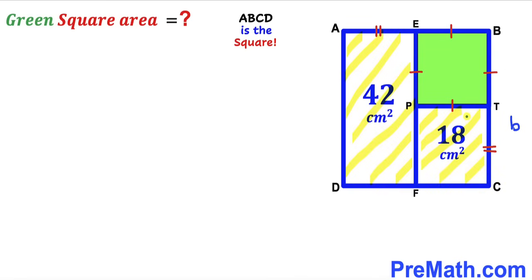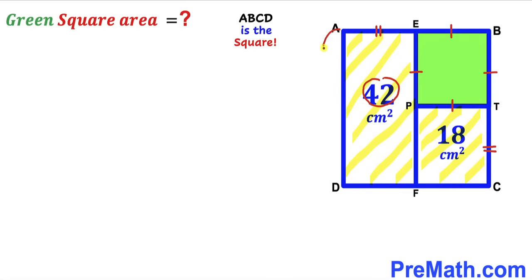And here's our next step. We are going to focus on these two yellow shaded rectangles PTCF and AEFD. And we can see one of their side lengths. This side length is same as this side length. So therefore there has got to be a relationship between this side AD and this side CF. We know the area of this rectangle is 42 centimeter square.